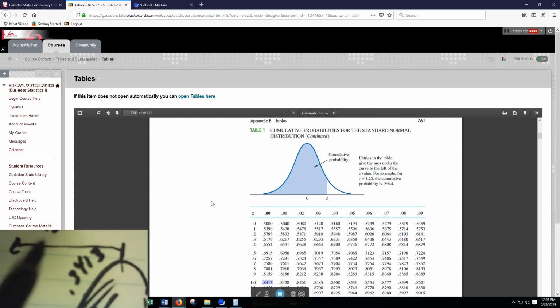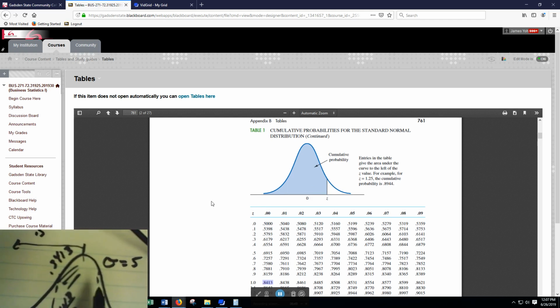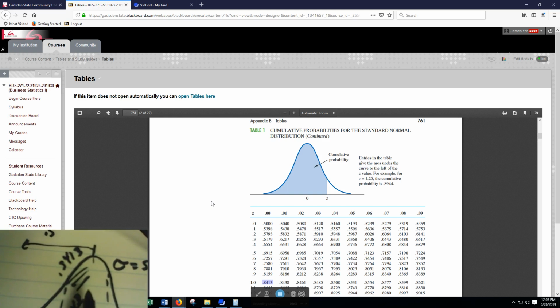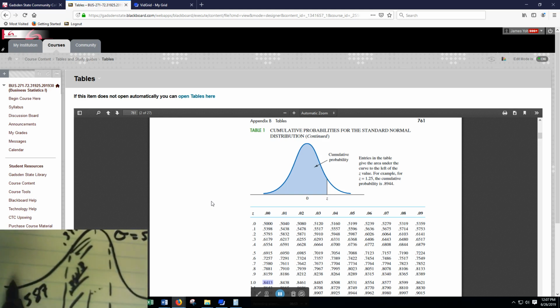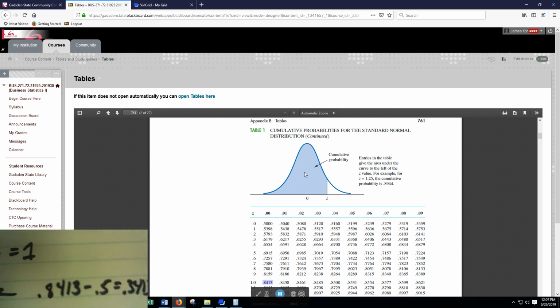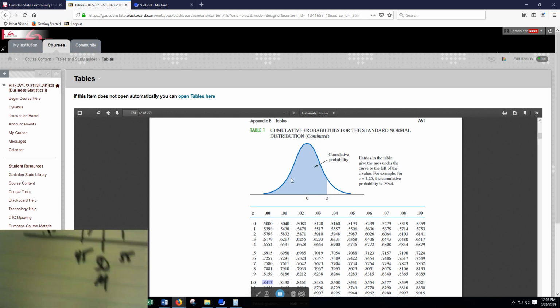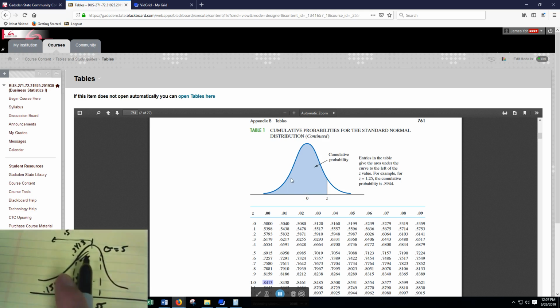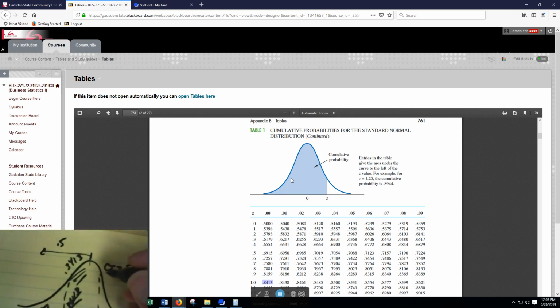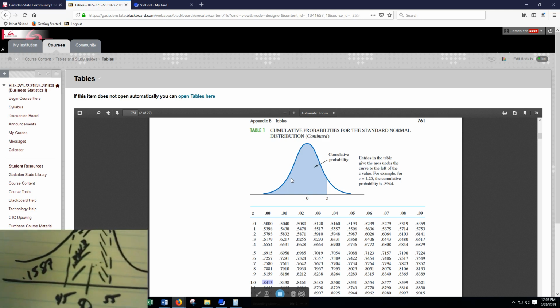So we know, again, half of the probability is to the left of the mean. We want the probability between here and here. So if we take the cumulative probability of 0.8413 that we got here, subtract half of it, the half that falls to the left of the mean, what's left over will be the rest of the probability that we're looking for.